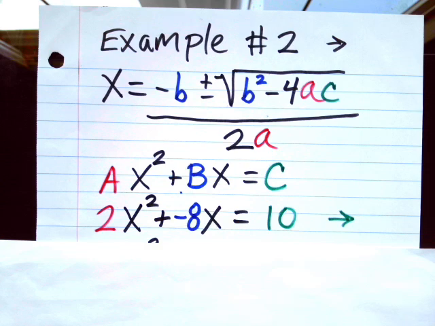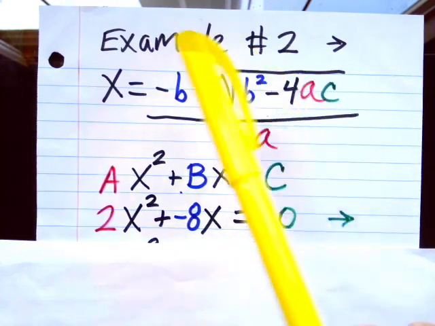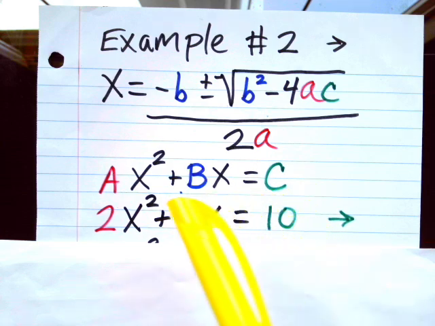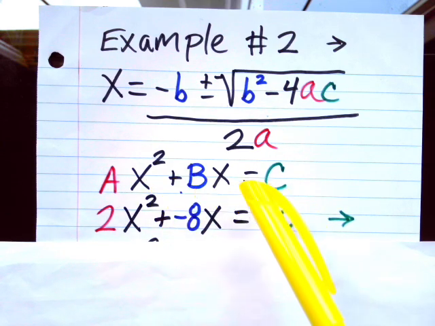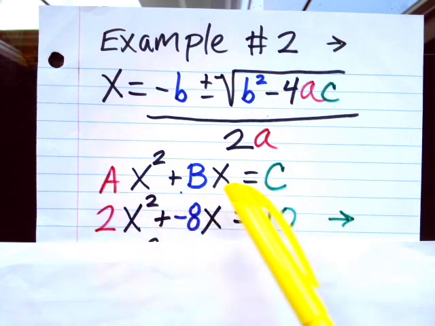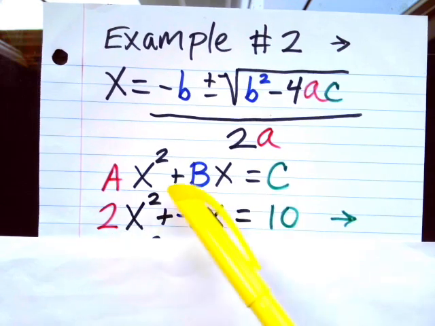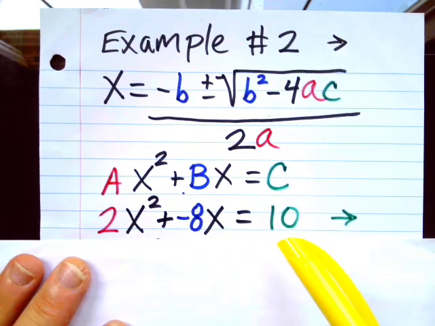In this part 19, I'm going to continue to go over examples, example 2 of how to use a quadratic formula. Now, a times x squared plus b times x equals c is what's called standard form in review. And a represents a real number, b represents a real number, and c represents a real number.